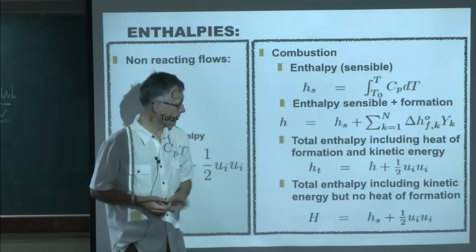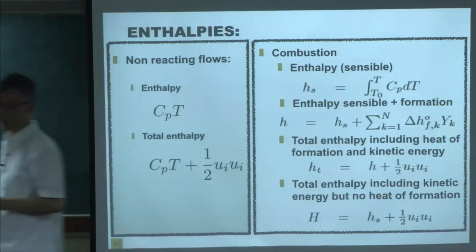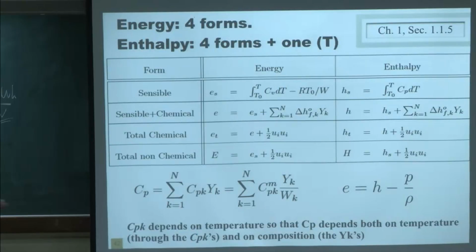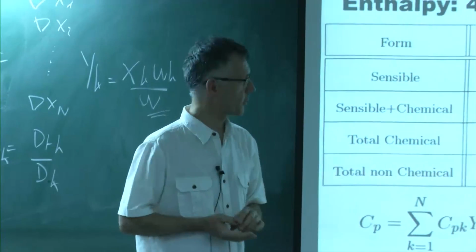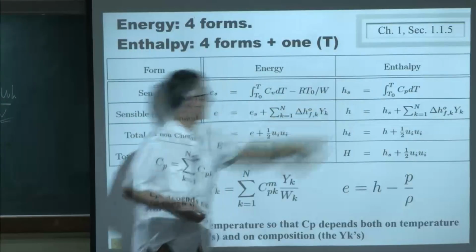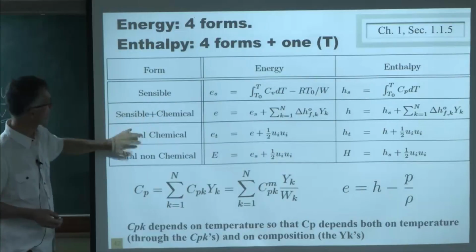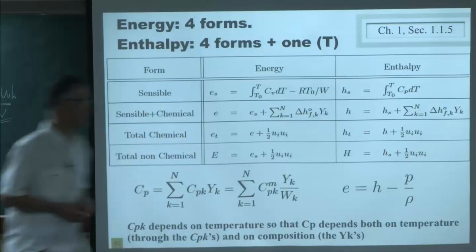And so the total enthalpy, which includes all that, is actually getting more complicated because you can combine things in many ways. So that means that you have at least 8 different forms of equations for energy. You can write equations for energy or equations for enthalpy, and you can write them only for the sensible part, or you can include the chemical part, and you can add the total energy, adding the kinetic energy.